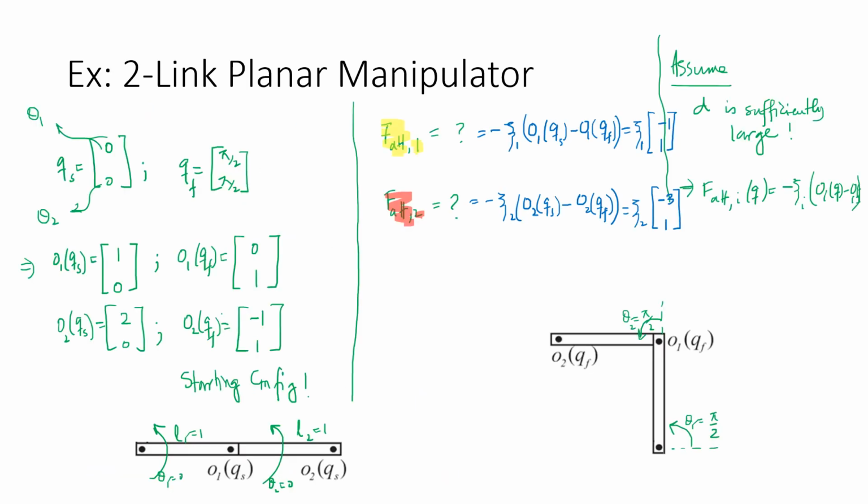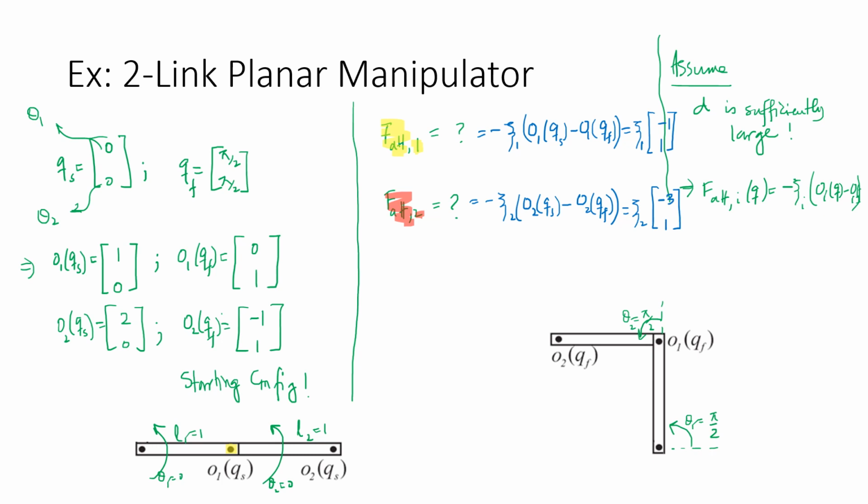And in that example, we realized that the attractive forces acting on joint number 1 were computed to be zeta 1 times minus 1 and 1. In order to make a physical realization of it, this would be something like a force acting on this particular joint in the starting configuration, having a minus 1 and 1 vector.